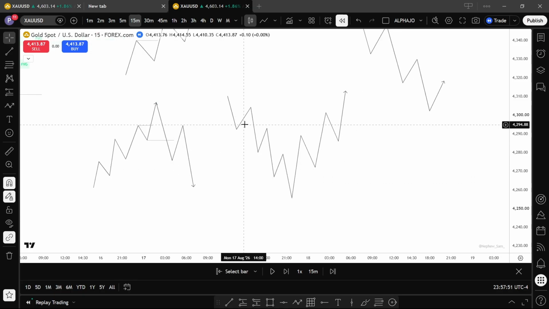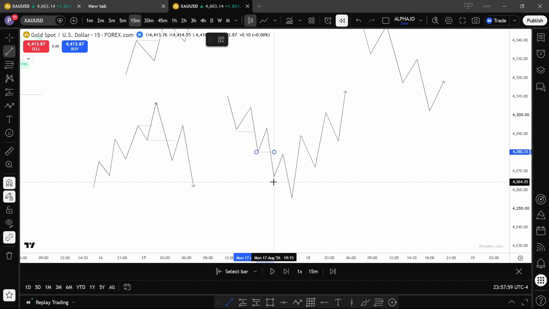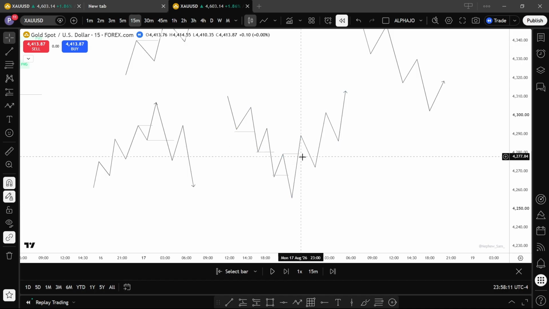So realize that price in this example was going lower, so you have lower lows and lower highs, lower lows, and we have a lower high here that we don't expect to be broken, and then price breaks this lower high here, giving us a signal that they want to change their direction to push price to the upside, right?